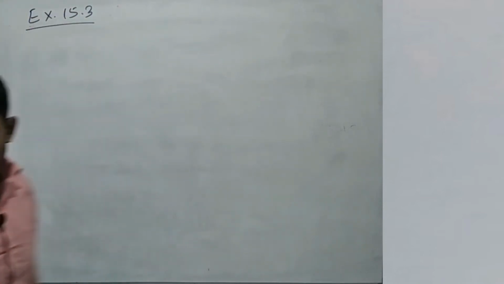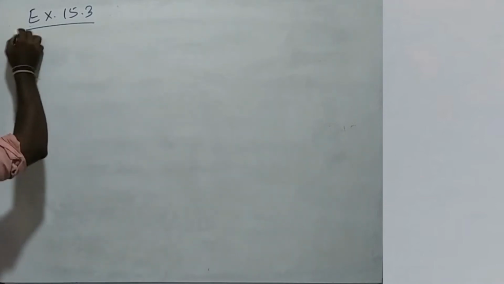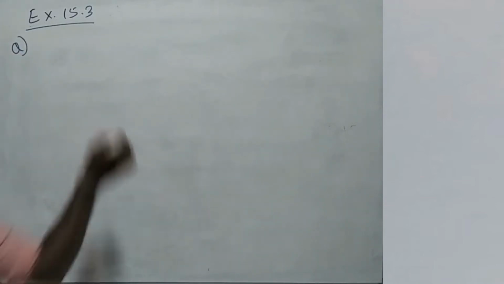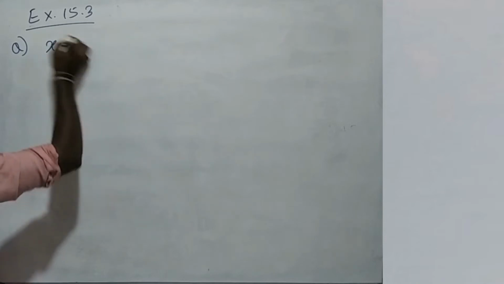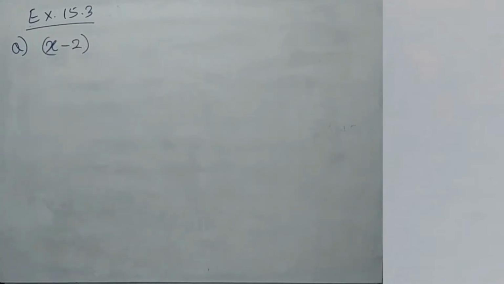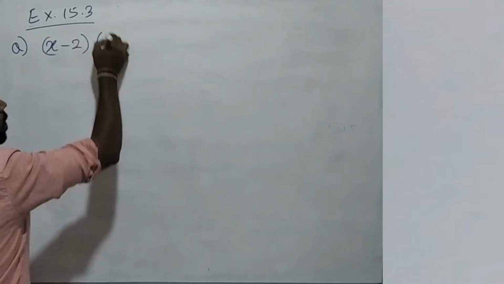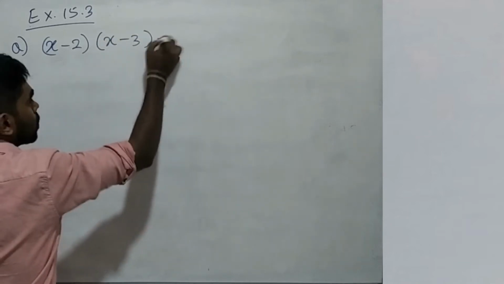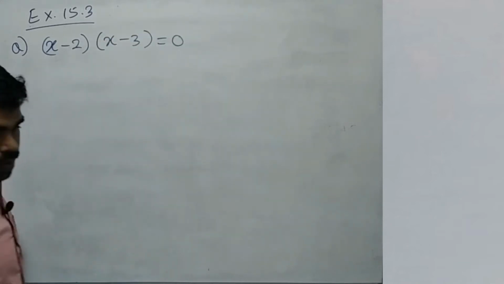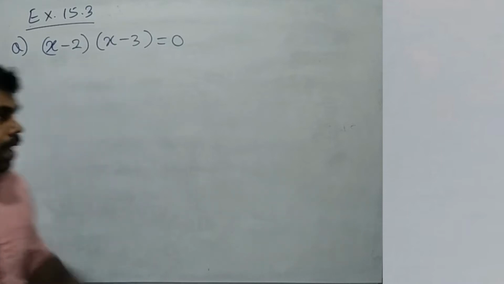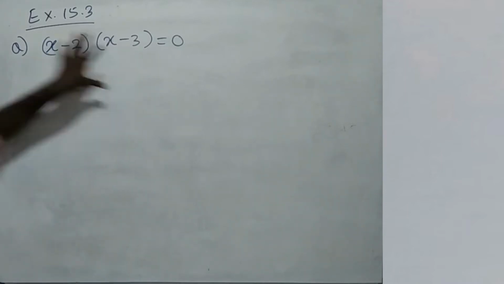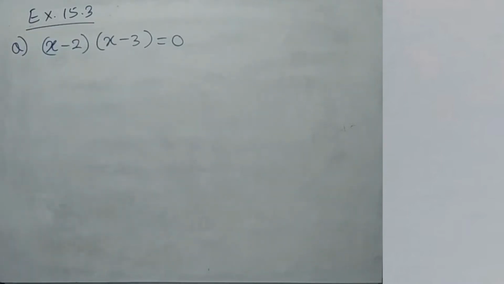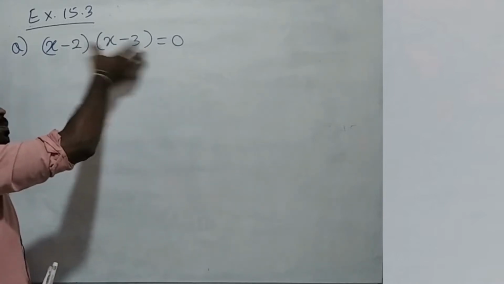Part A. I will write the equation (x minus 2) into (x minus 3) equals 0. There are two terms on the left hand side, there are two brackets, and the relationship is a multiplication.